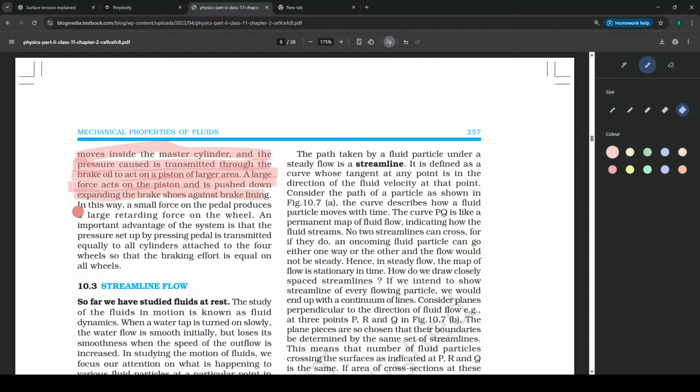In this way, a small force on the pedal produces a large retarding force on the wheel. An important advantage of the system is that the pressure set up by pressing the pedal is transmitted equally to all cylinders attached to the four wheels, so that braking effort is equal on all wheels.